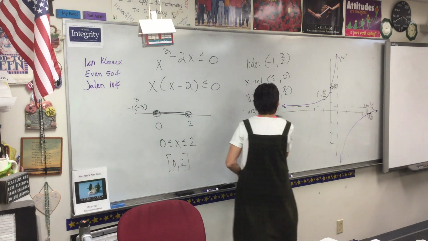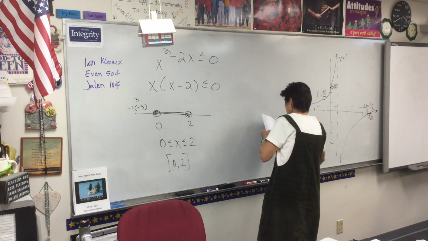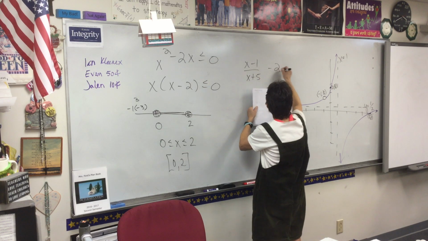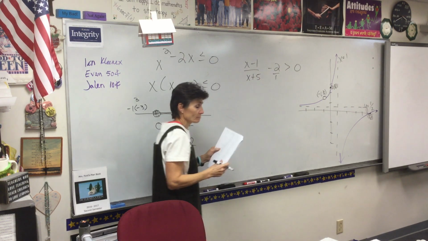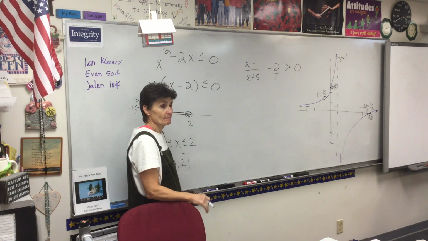Alright, what about B? These used to be hard, but we've practiced enough of them. I think you're getting the hang of it. Subtract 2 over. So we'll start by subtracting 2, and I usually make that 2 over 1, because I am subtracting fractions.